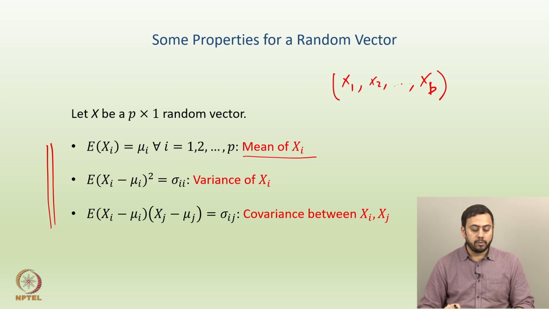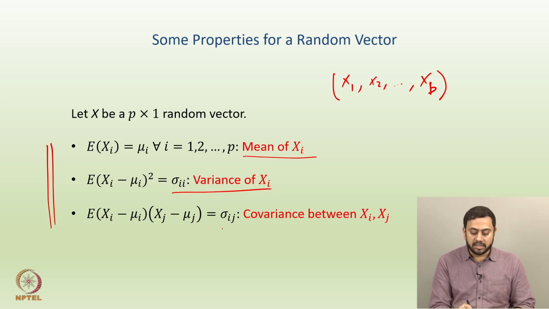Further, expectation of xi minus mu i whole square gives you the variance, sigma ii. Or expectation of xi minus mu i into xj minus mu j is denoted by sigma ij, which is nothing but the covariance between xi and xj.